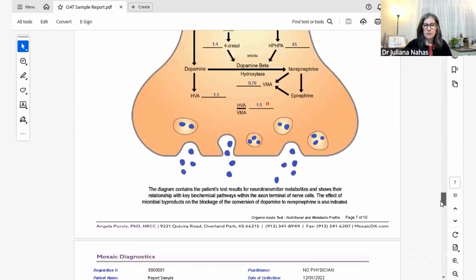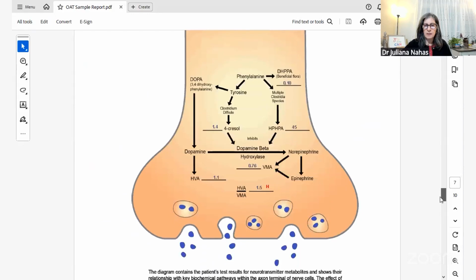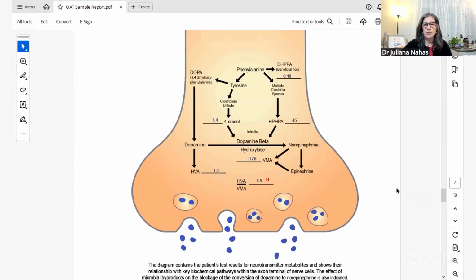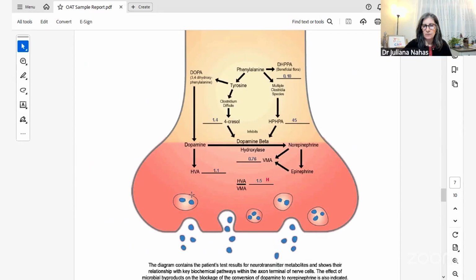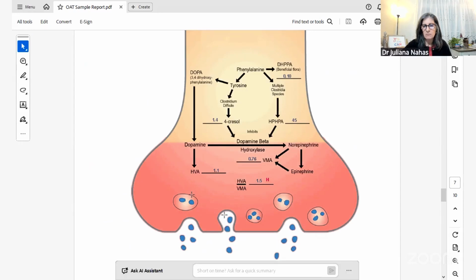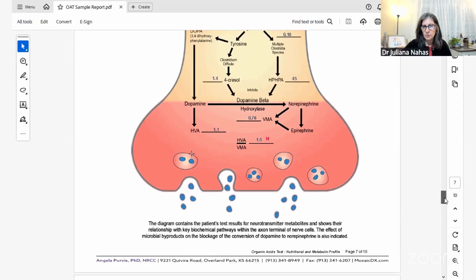Now, I wanted to actually explain something. When we give somebody Concerta or Adderall, what we're doing is we're blocking the reuptake. You see these vesicles here? Of course, they're supposed to be emitted downward to the next neuron to communicate. But what we're doing with the drugs is trapping these dopamine molecules in the space between the two neurons.